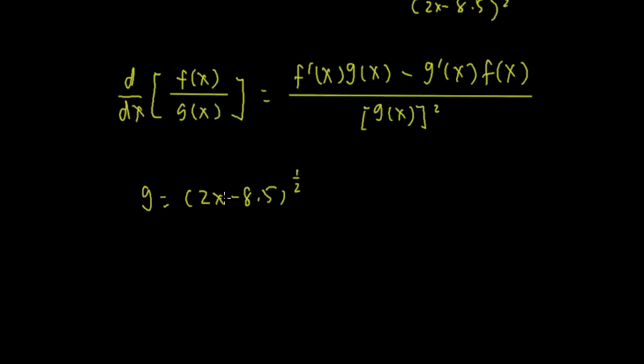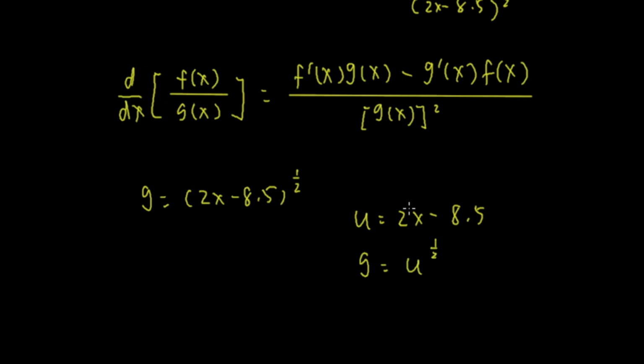Now, since this is a function inside another function to the power of 1 over 2, we have to use the chain rule. So I will let u equal to what is inside here, 2x minus 8.5. Then g is equal to u to the power of 1 over 2.